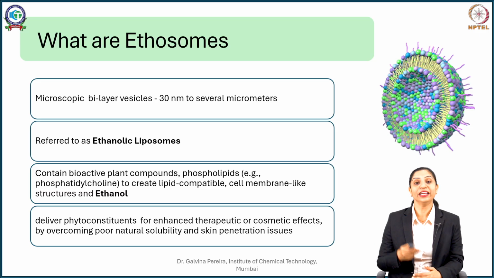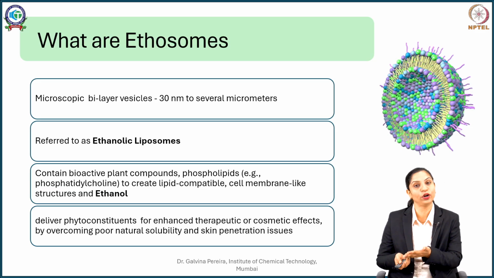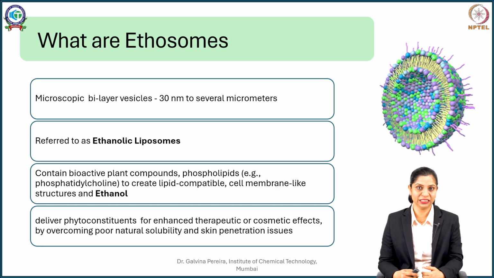In ethosomes, ethanol performs the function of solubilizing the phytoconstituents which were otherwise sparingly soluble either in the water phase or in the lipophilic phase, whereas most of the compounds like your flavonoids are mid-polar in nature. So ethanol acts as a solubilizing agent.